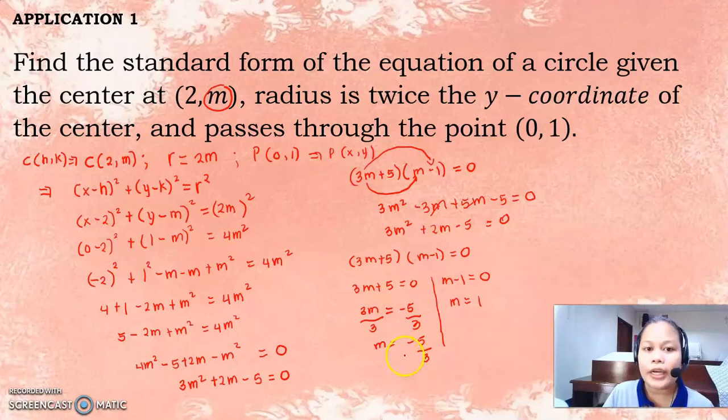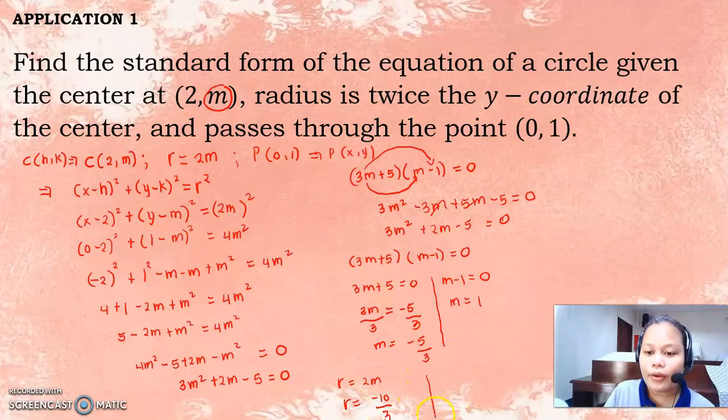So we can check. Since our r is equal to 2m, if I replace m here with negative 5 over 3, the result is negative 10 over 3. And our radius here is negative. So we are not going to use this one as the value of our radius since distance is always positive.